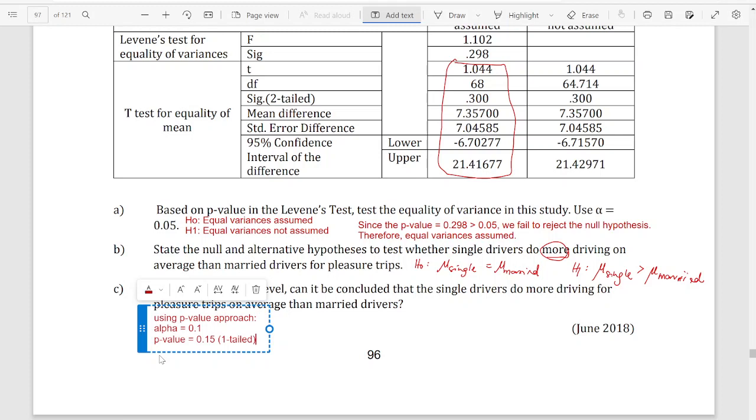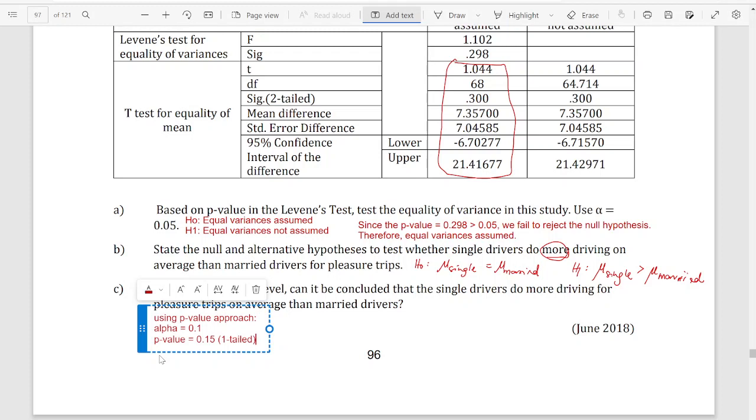So in the output given, they give you the significant value for 2 tail, that is 0.3. Okay, the 2 tail significant value is 0.3. So in this situation, you need to find the 1 tail p-value. So to get the 1 tail p-value, you just need to divide the p-value given in the output by 2.